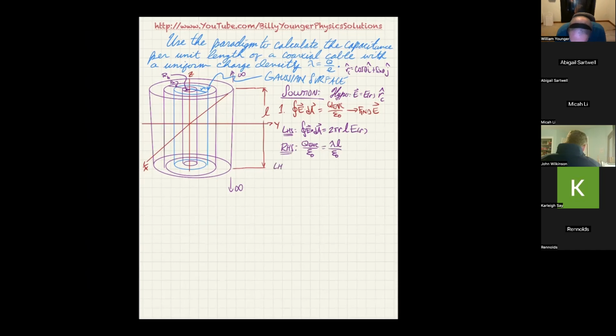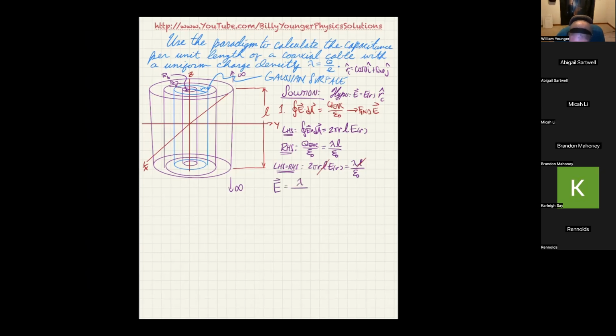Now I say left-hand side equals right-hand side, and I get 2 pi R L E of R is equal to lambda L over epsilon naught. You can see that the L's cancel out, and we end up getting exactly the same thing we got on the first day in chapter 21 when we did Coulomb's law and integrated this result. Specifically, we're going to get E is equal to lambda over 2 pi epsilon naught R times R C hat.